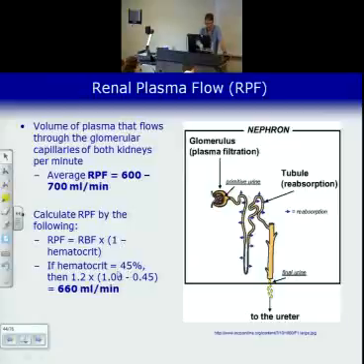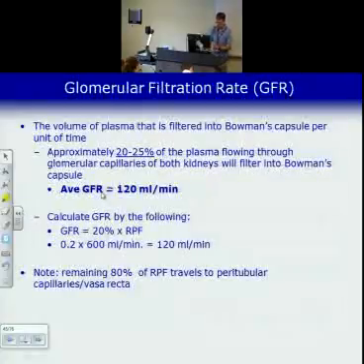The example I gave was someone with a 45% hematocrit, which means 55% of it is your plasma that's pushing through. So typical average values per minute, 600, 700 mLs. So a little over half of that Coke bottle is pushing its way through every minute to be filtered out. Calculation-wise, just like cardio, you should be able to calculate renal plasma flow based on somebody's hematocrit or based on their renal blood flow to problem solve.